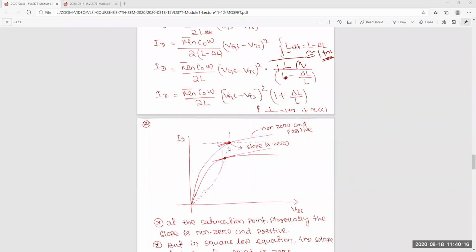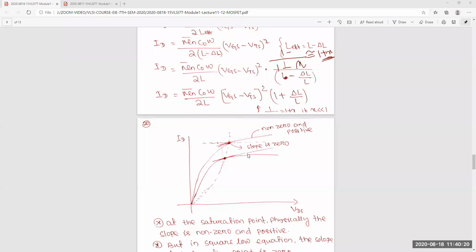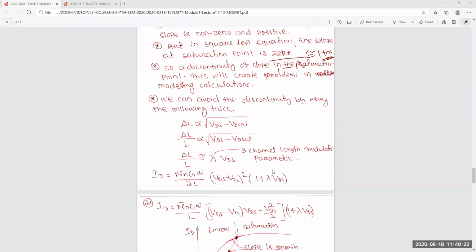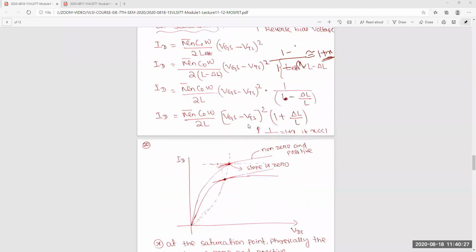So this 1 plus lambda VDS we are adding in the linear equations also.